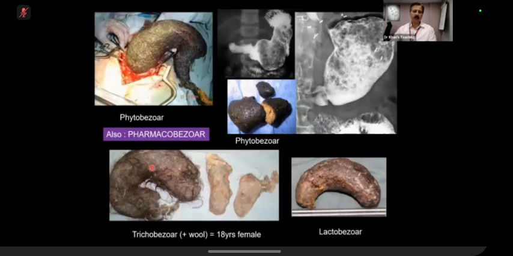They keep eating hair, and basically a bezoar is undigested material. You can have lactobezoar in babies, and the latest is you can also have pharmacobezoar, as in undigested medicines. So these are the types of bezoar. Always think bezoar when there is a bizarre, mottled appearance that gives you a mass type. So keep your minds open about it.